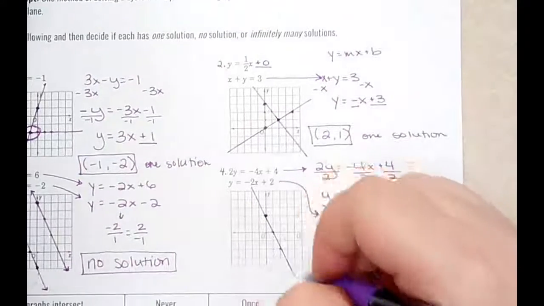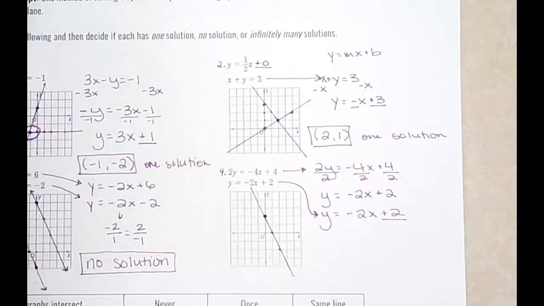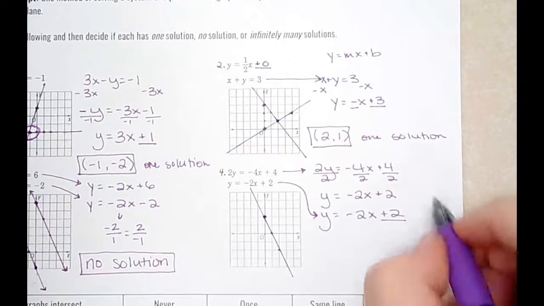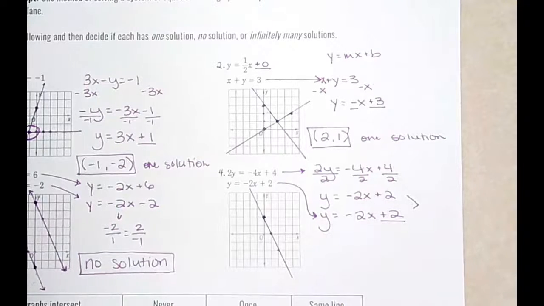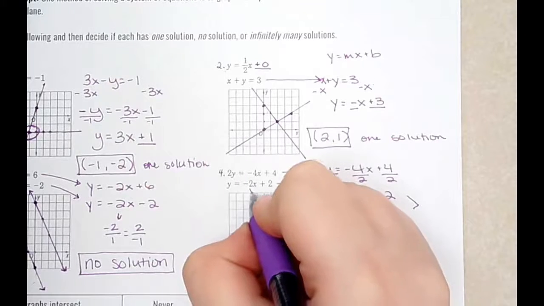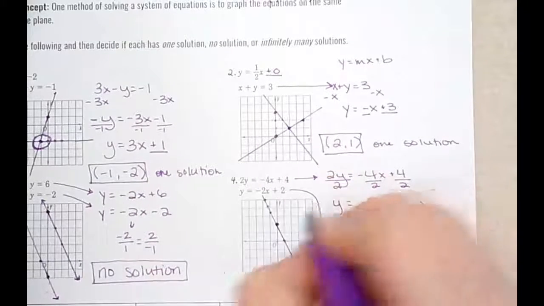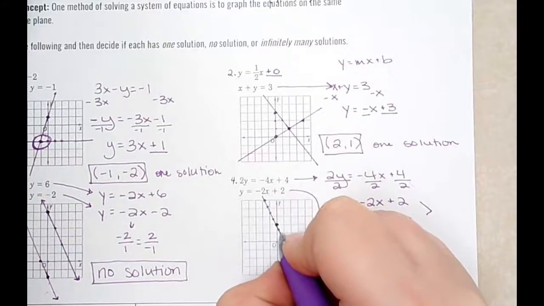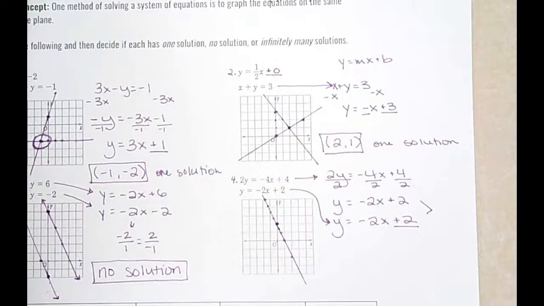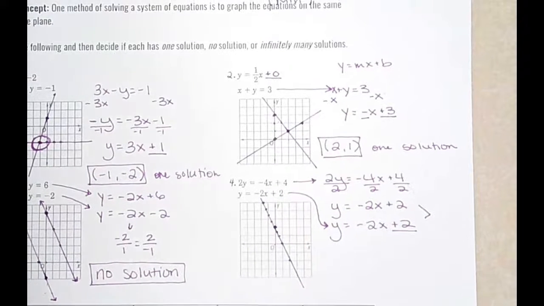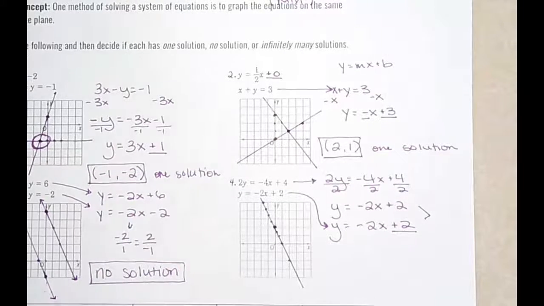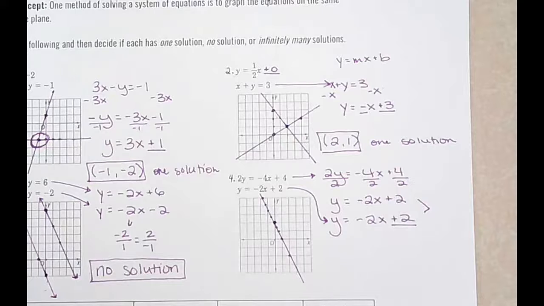Now if I'm questioning what my solution is, I have to find a point that these two lines have in common. Well, what point do they have in common? Oddly enough, every single point on this line is going to be a solution. So if we have two lines that go on forever and ever to infinity, how many points on that line are going to be a solution?